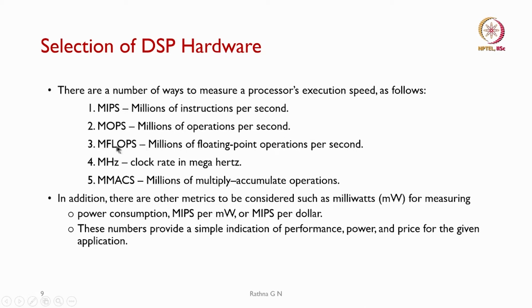Otherwise, it is going to be millions of floating point operations per second, we call it as megaflops basically, or the clock rate should be in the megahertz range what we want, or in terms of my multiply and accumulate, I should be able to do millions of them, that is MACs what we will define.